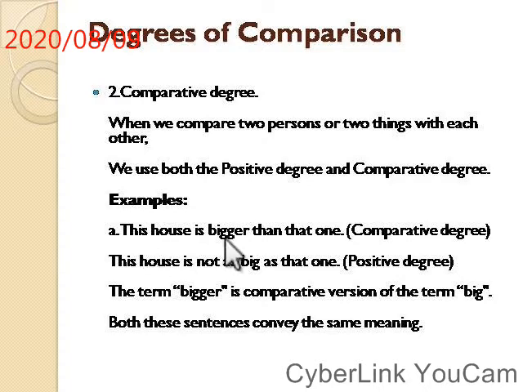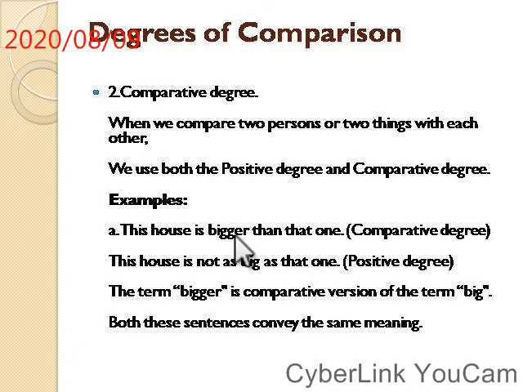The house is bigger than that one. This house is bigger than that one. Okay. This house is bigger than that house. So here there are two houses, this house and that house. So we are saying this house is bigger than that house. So here the adjective changes.